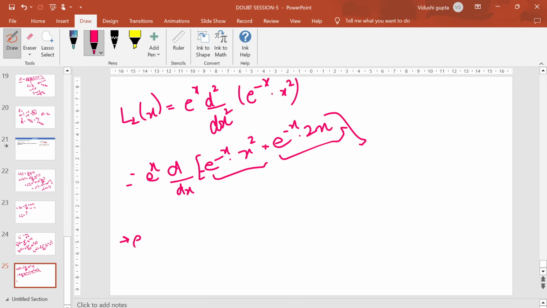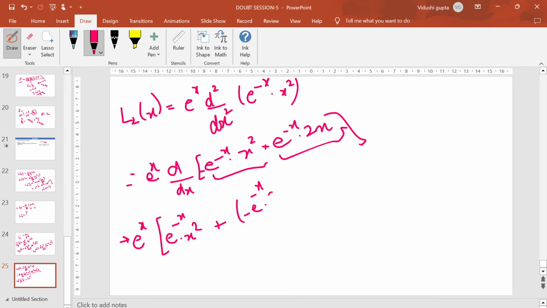So it will be e^x, bracket e^-x, x square as it is, minus, so plus now, minus e^-x as it is.